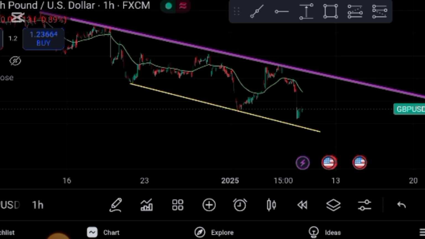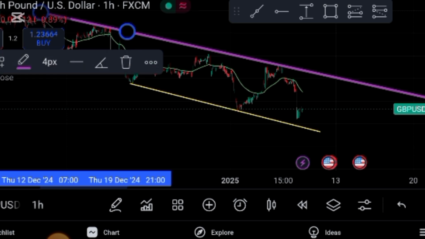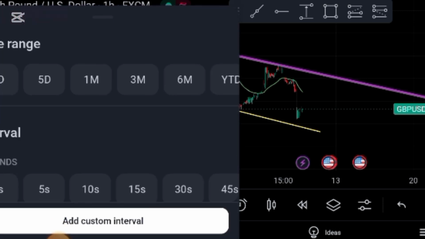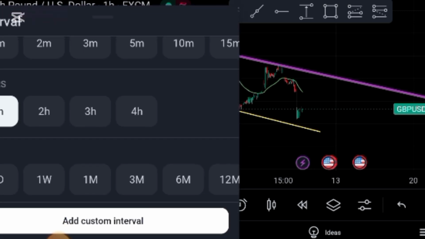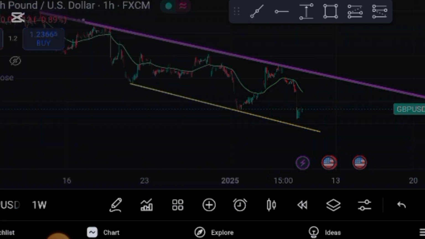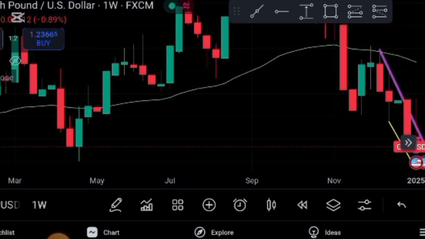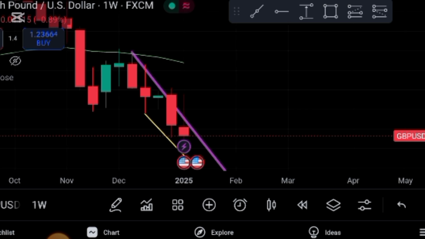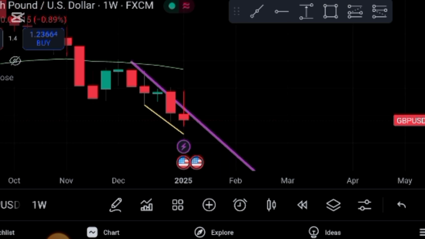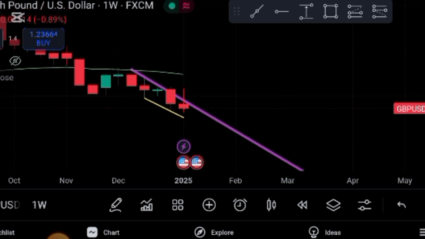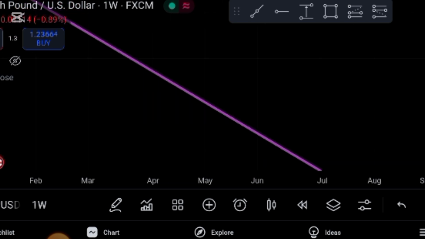Now, when it comes to the ray, this one here that I used, let's go to the 4 hours so you guys can see how far along. Let's go to the 1 week. As you can see on the weekly chart, the ray trend line has gone even beyond.